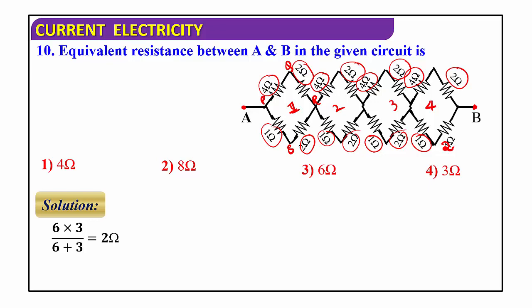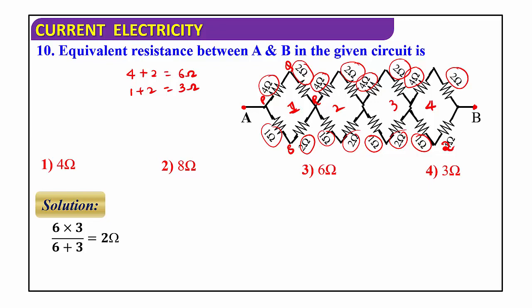4 ohm and 2 ohm resistors, how are they connected? They are connected in series, means we got the answer 6 ohm. Then the below network, you can observe between RS and SP. So 1 ohm and 2 ohm, they are also connected in series. So 1 plus 2, we got 3 ohm. Is it clear? PQ, QR in series, RS, SP, they are also in series combination.